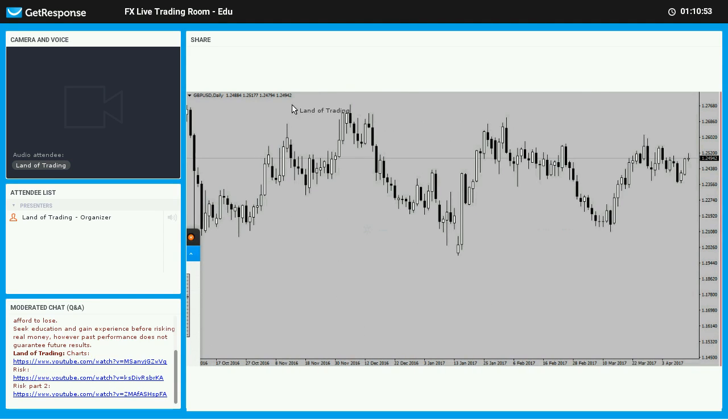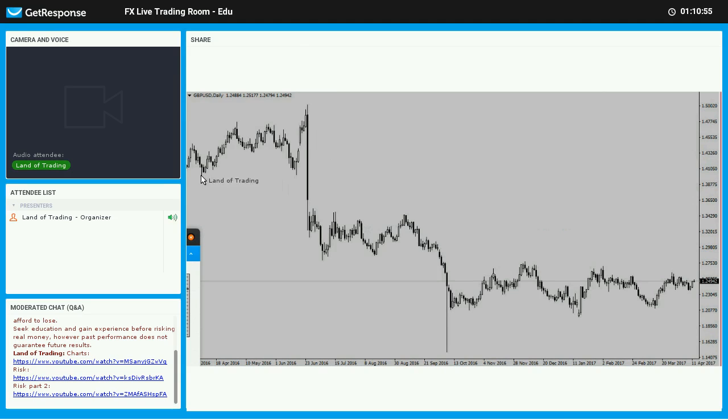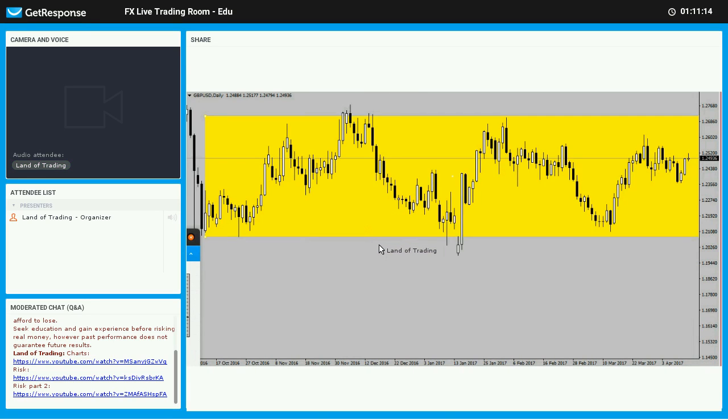So the latest pound on a daily, I don't think we have any kind of change. Some kind of range, based on daily.